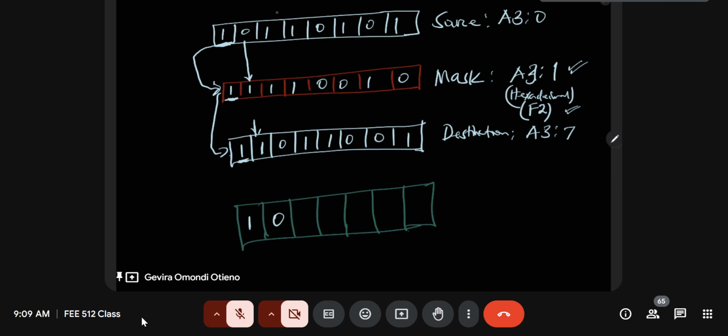I'll repeat. The determinant of whether we do a move or not is determined by the mask. If the mask has a 1, then it allows us to do the move, just like we were doing move previously. But if the mask has a 0, it's going to block us from doing the move. That's basically what a masked move is.